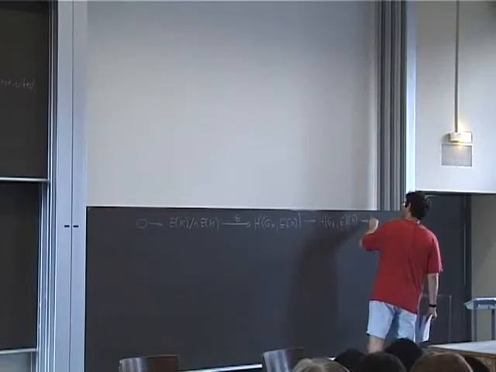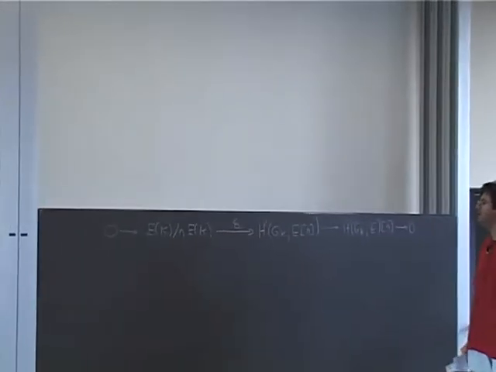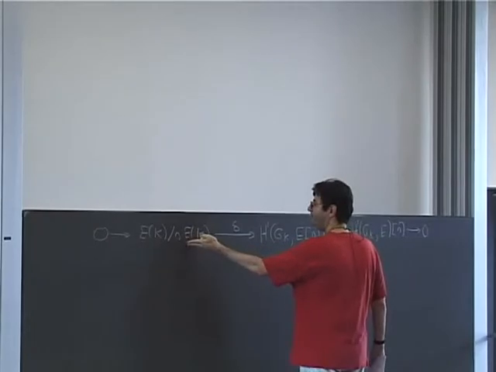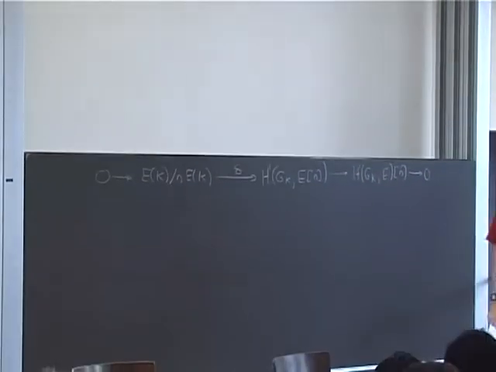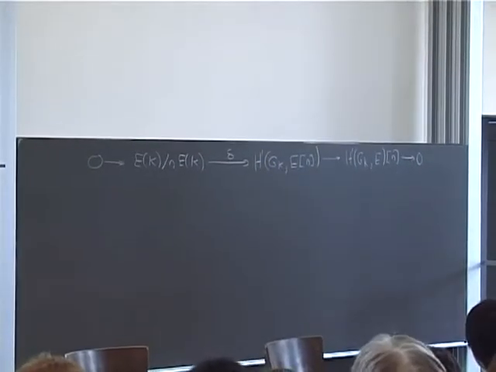So we have this fundamental three-term exact sequence which embeds the group we're interested in into this Galois cohomology group. Now, the argument I made of course applies to any field.